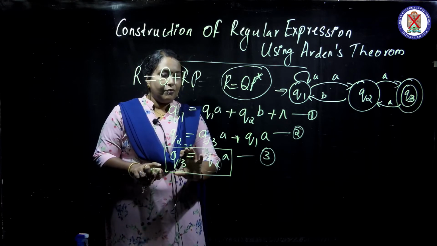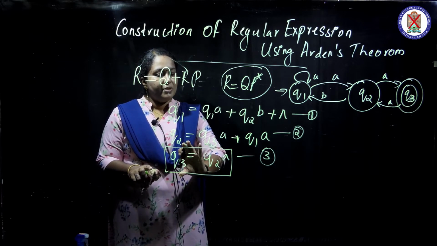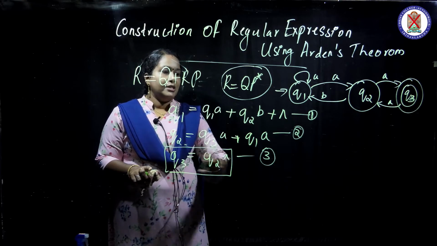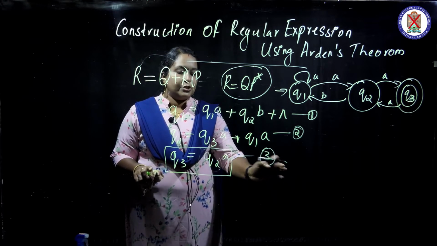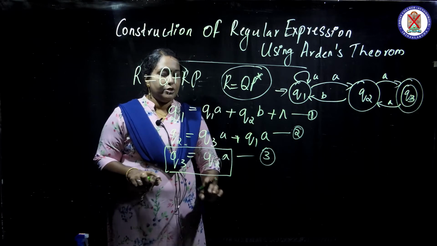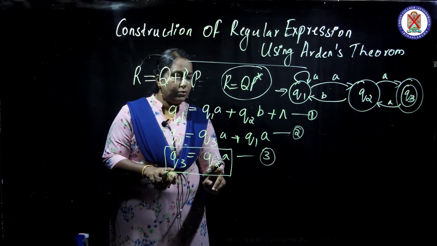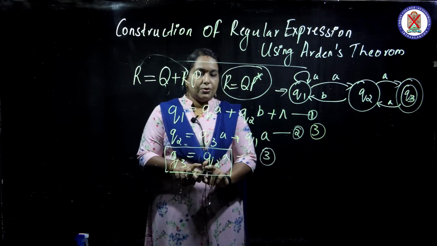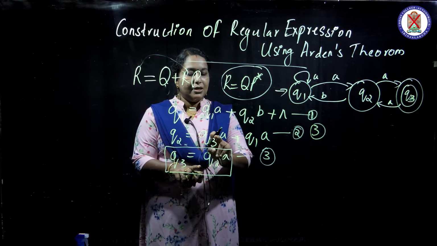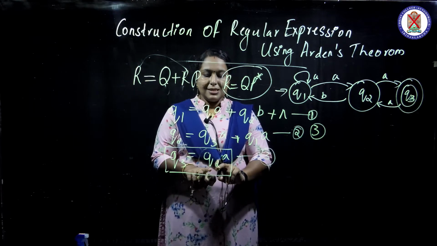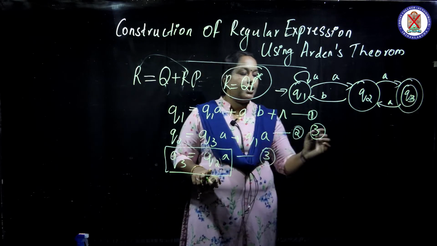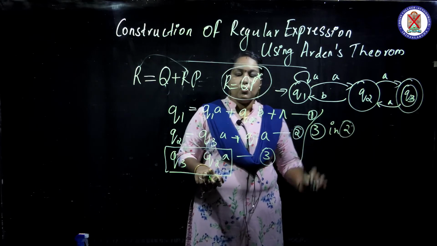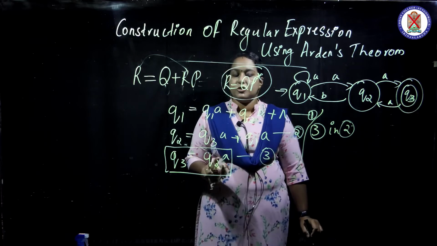Every time, we want to build an expression corresponding to the final state, and in your equations look at the smallest equation, that is Q3 is equal to Q2A. So substitute 3 in equation 2.